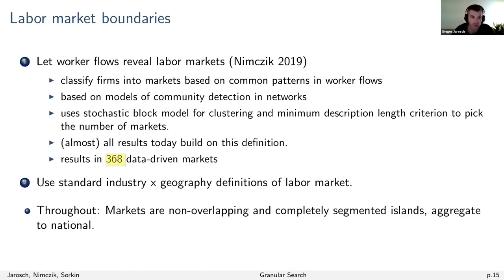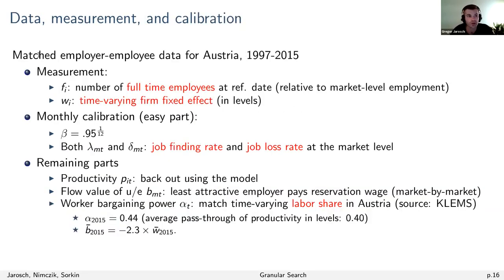And so these labor markets, back of the envelope, have something like 150,000 workers per labor market. We complement this using standard definitions where you just use industry times geography. All right. And so we'll do this market by market, and then just aggregate up to the national level using employment weights. Okay, so we're doing this on Austrian data. It covers these 18 years.